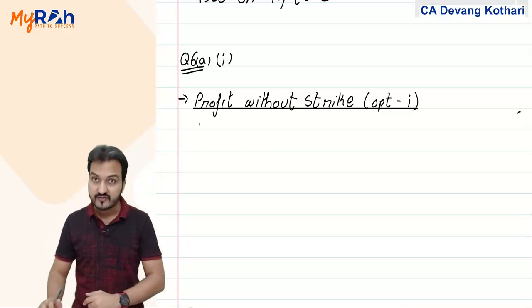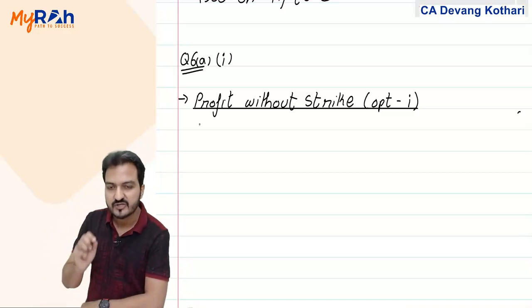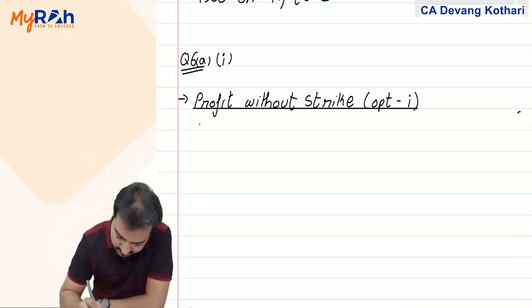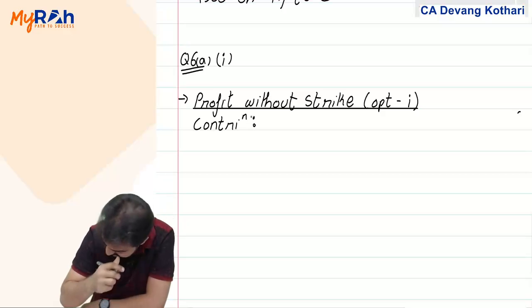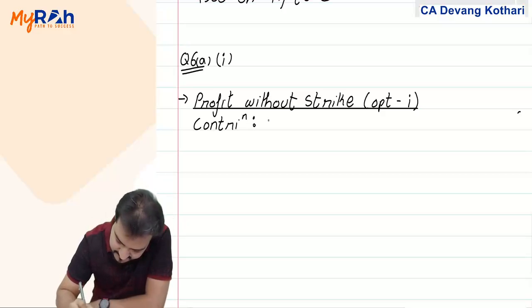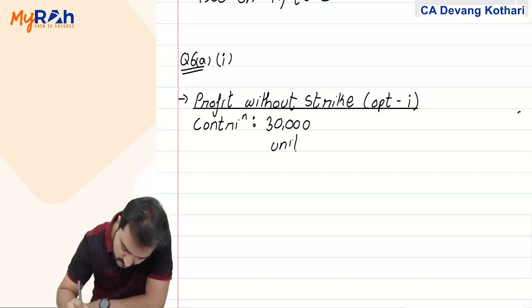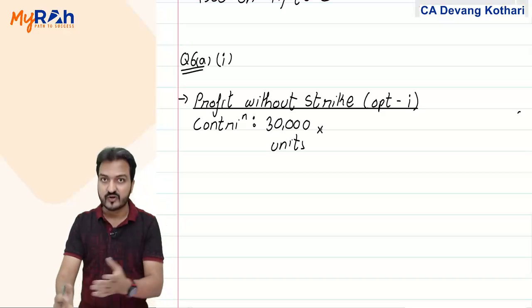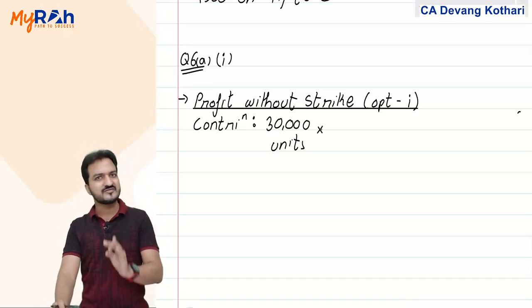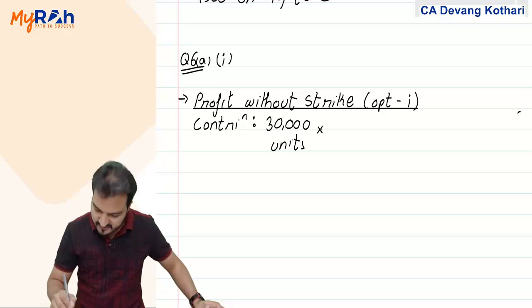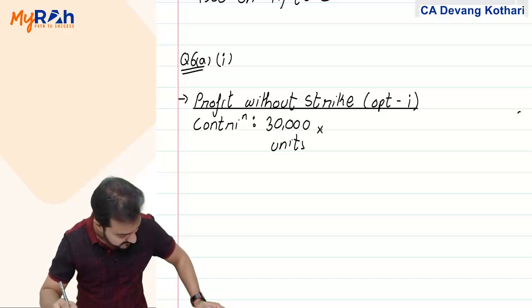Let us first calculate the contribution. My basic original contribution will be like this. 30,000 units is what I sell annually, and if my workers don't go on strike, then I will continue to sell all 30,000 units. And on that 30,000 units, what is the selling price that I am getting?